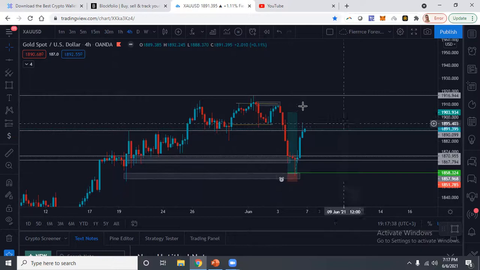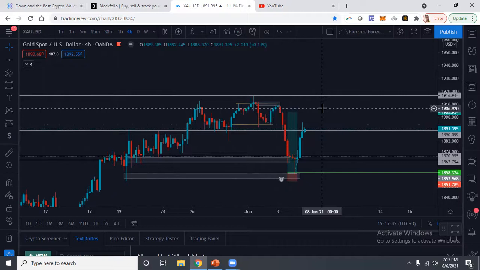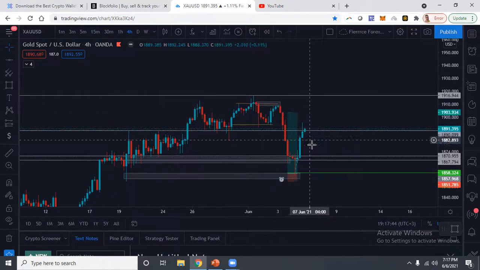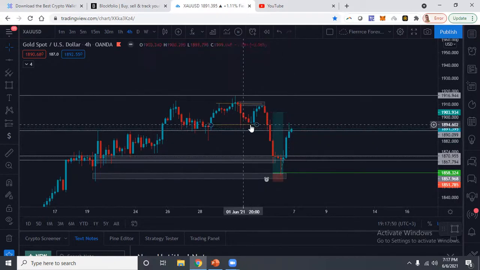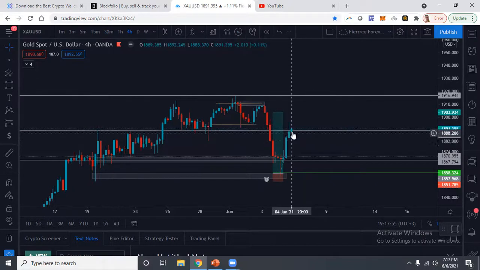So I'm still seeing it push to the upside. There's a bit of a rejection on this previous 4-hour candle. And we know this is a previous support resistance, but I would want it to push up before it attempts to push lower.